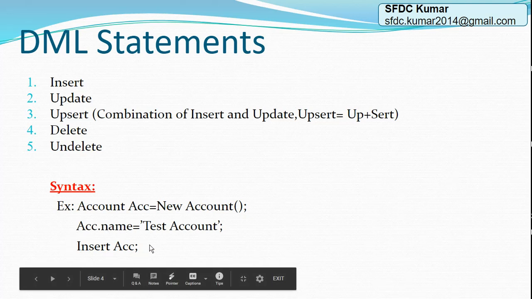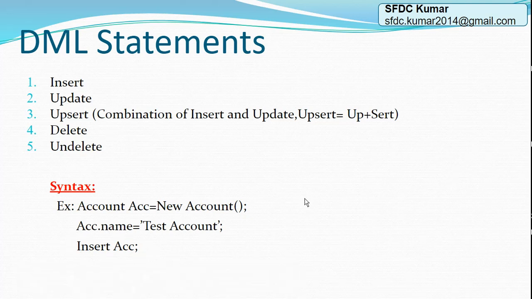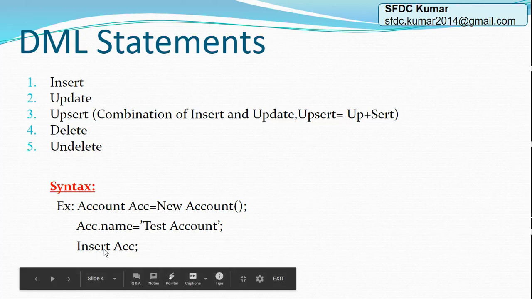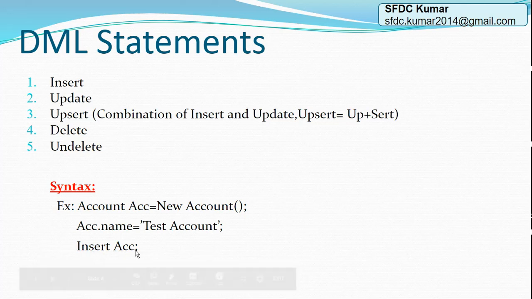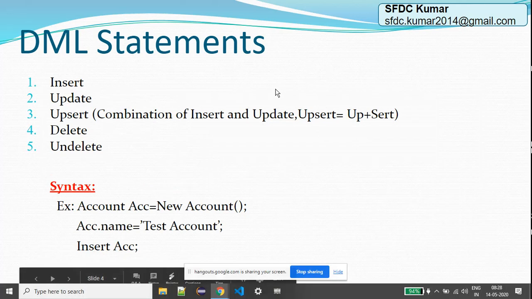Then finally, we come to insert acc. In general, what happens is we fill all the data at the standard level and just hit the save button, right? In the save button, the same logic is written in the background.